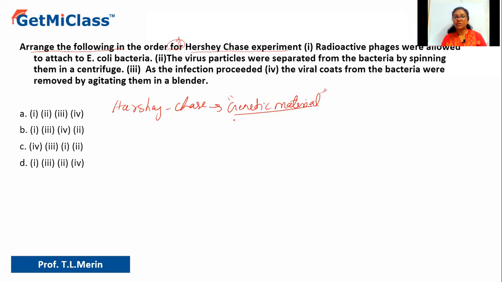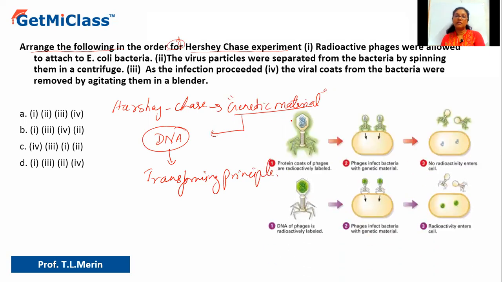But because of the Hershey and Chase experiment, they came to know that the genetic material is DNA, and DNA is the transforming principle. So what did they do? They utilized phage, bacteriophage, which brings about infection of the bacteria.